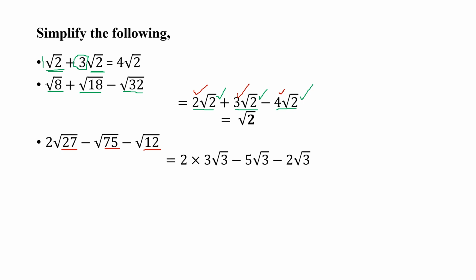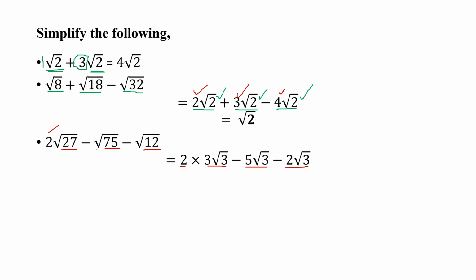Now root 27 is the same as 3 root 3, right? Then root 75 is the same as 5 root 3. Root 12 is the same as 2 root 3, right?